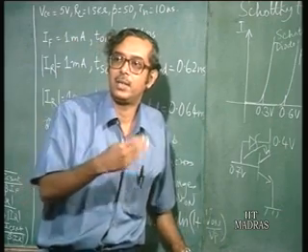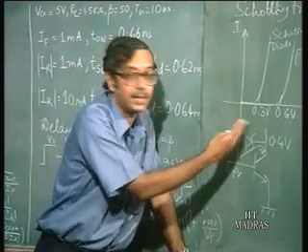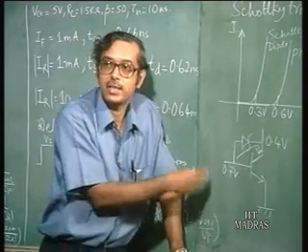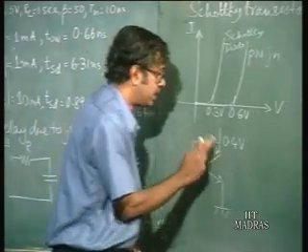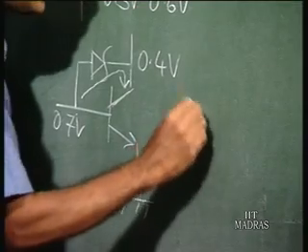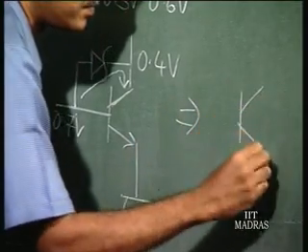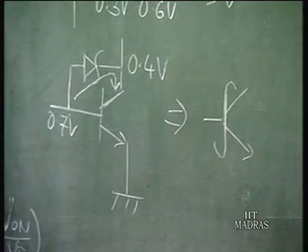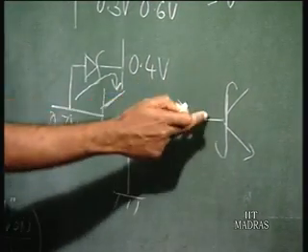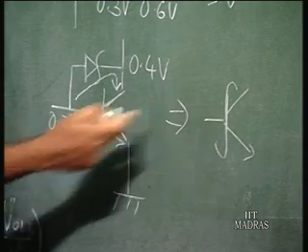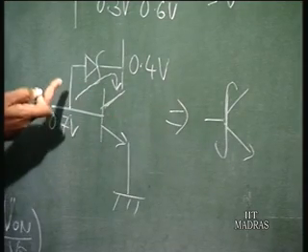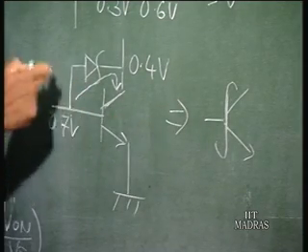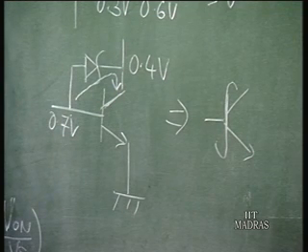So, when you have a transistor like this, called a Schottky transistor, the symbol for this transistor is this. When I draw it like this, it actually means that this is a transistor with a Schottky diode between the base and collector.